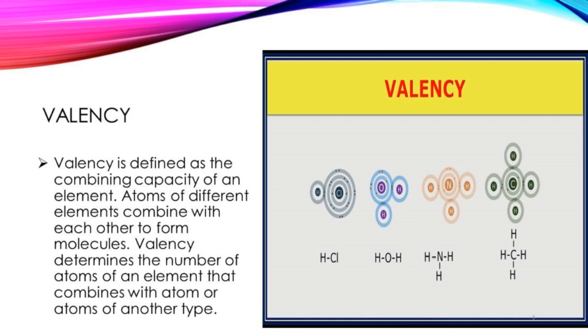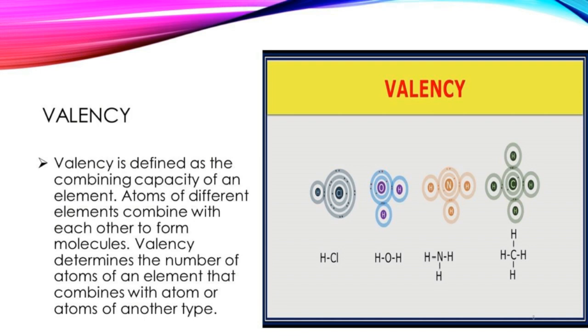So what is the valency of oxygen? It is 2 because it is combining with two hydrogen. Next, in the ammonia molecule, nitrogen combines with 3 hydrogen atoms. So what is the valency of nitrogen in ammonia? Yes, it is 3 because it is combining with 3 hydrogen.